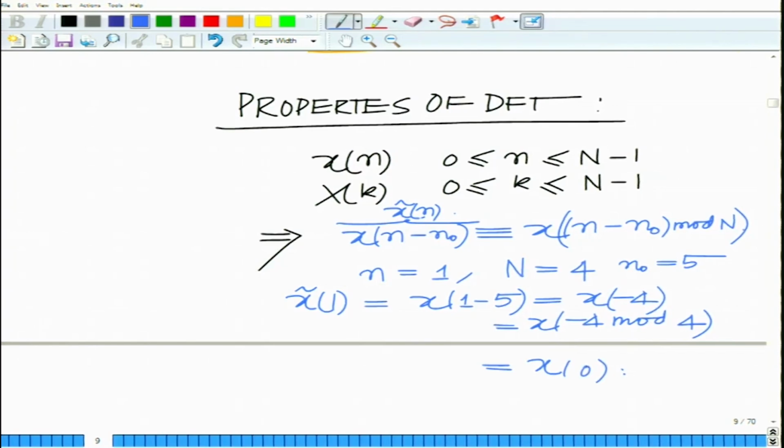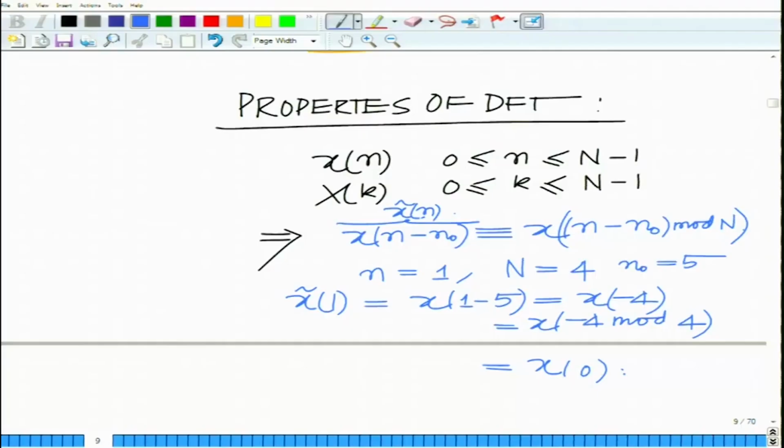So x tilde of 1, the first sample of the shifted signal, is actually x of 0. So you are basically circularly shifting, where the shifting is modulo 4, and N equal to 4 is the total length of the sequence.